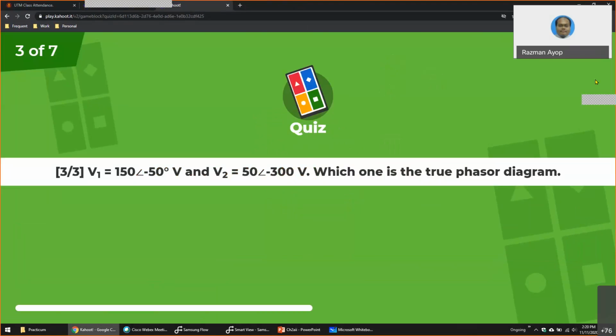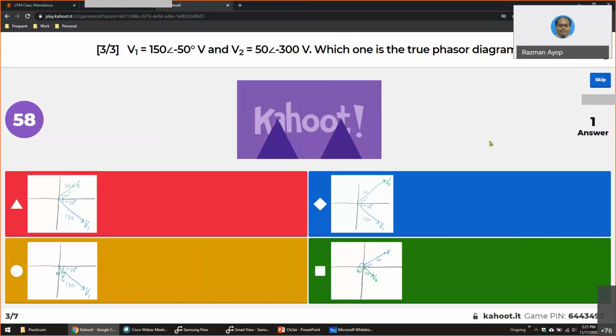This one is the phasor diagram. So remember how to draw. Make sure the highest magnitude has the longer length, and make sure you know that negative means clockwise and positive means counterclockwise.